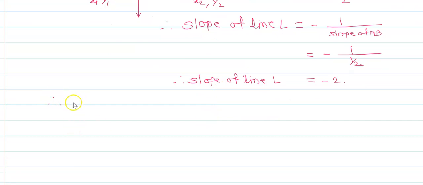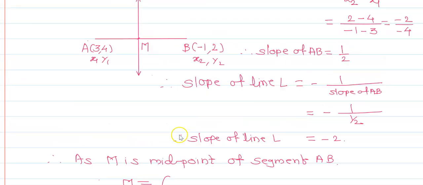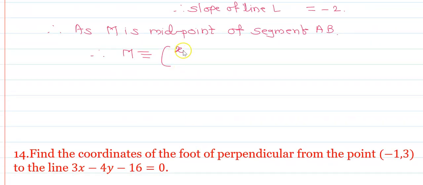Therefore, as M is the midpoint of segment AB, M is equal to, in bracket, sum of the x coordinates, that is x1 plus x2 upon 2, and next y1 plus y2 upon 2.